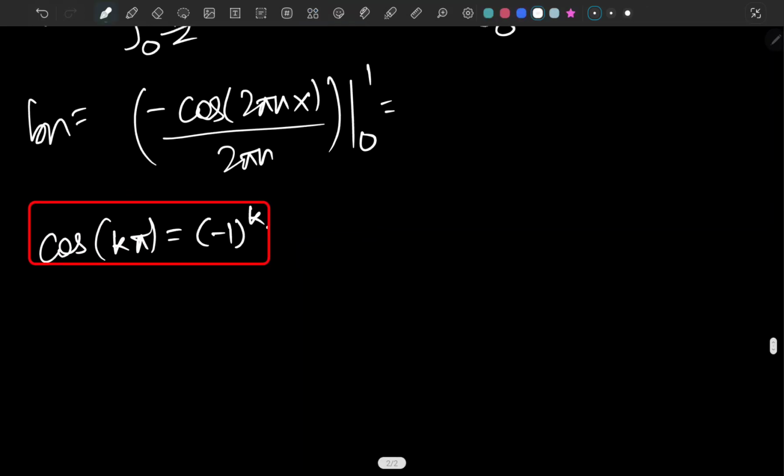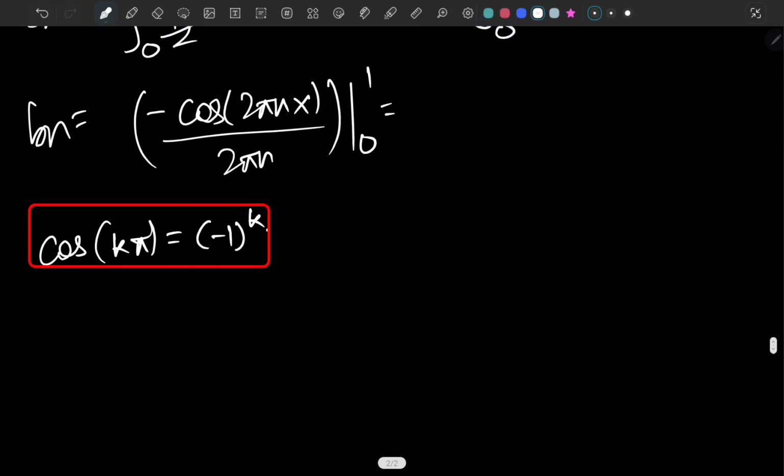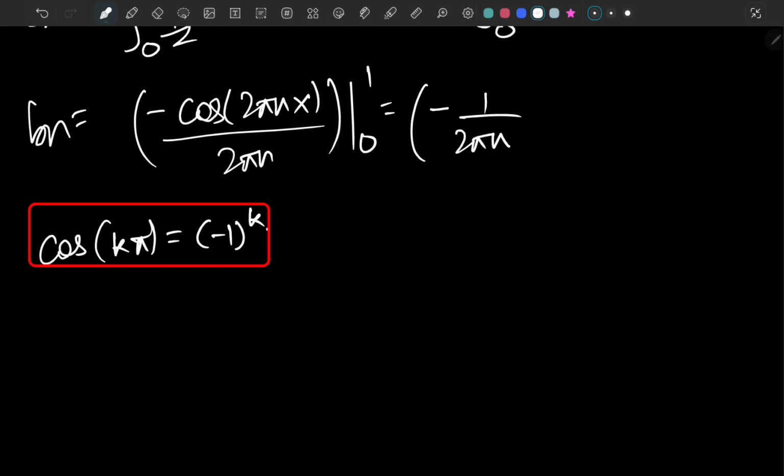If k is even, and since your k here is even to n, that's going to be an x as well, so it's going to be minus of cosine of even, right, so that's going to be 1, obviously 2 pi n, so 2 pi k, so basically it's 1 over 2 pi n.